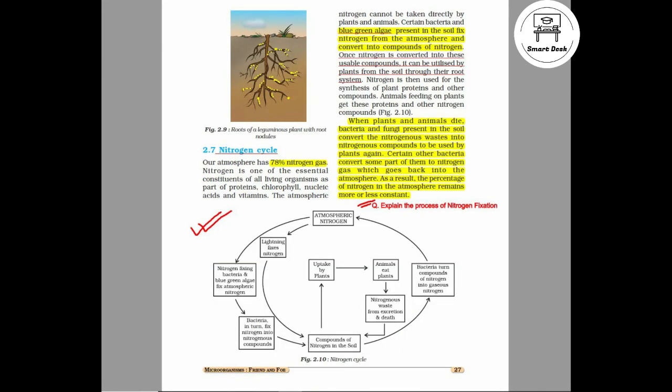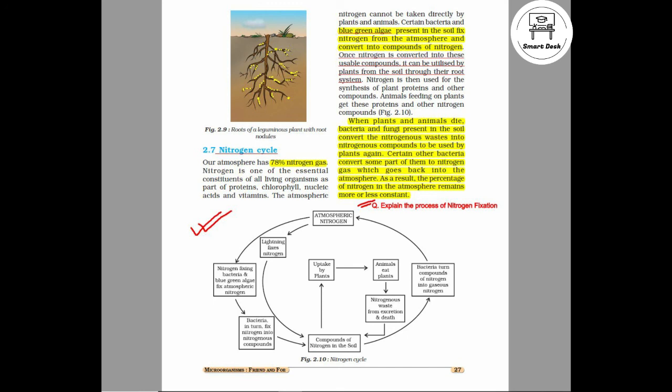As I've told you, we'll learn nitrogen fixation in this chapter. It is mainly due to the rhizobium present in the root nodules. Maybe you have learned it in class 6 and 7. It is involved in the fixation of nitrogen in leguminous plants, like peas and beans. Rhizobium lives in the root nodules of leguminous plants and fixes the nitrogen present in the soil and gives nutrition to the plants.